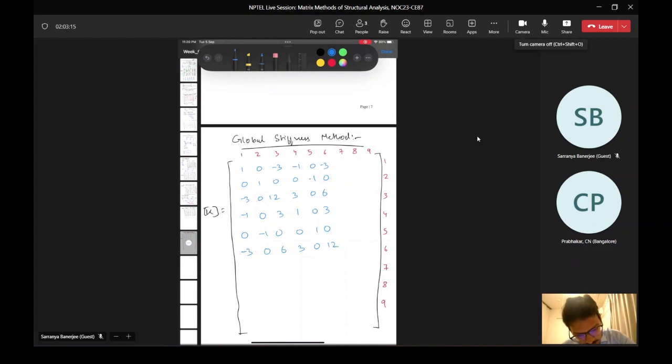Well and good. So now we'll write the stiffness matrix of element 2. But how will we write it? We'll write it like this. 1, 0. I can write in a different color pen or with plus.